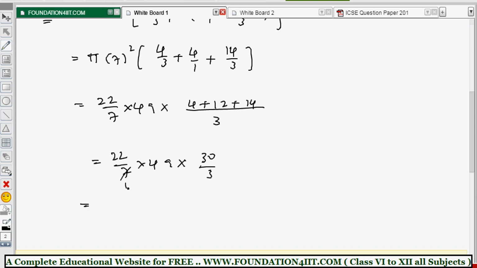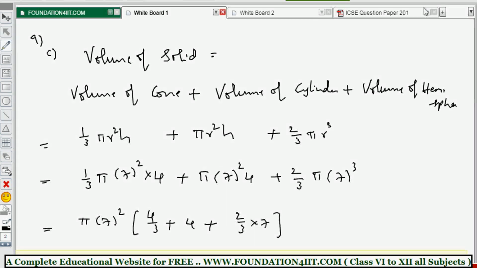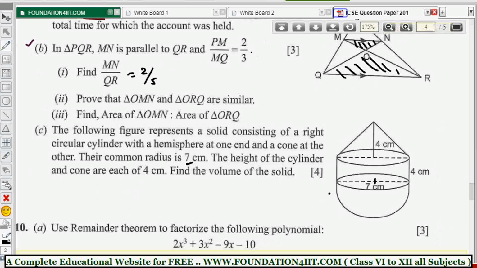You simplify this: 22 into 7 is 154, and then 10, so 1540 cubic centimeters. That's it. So that is the volume of this total solid.